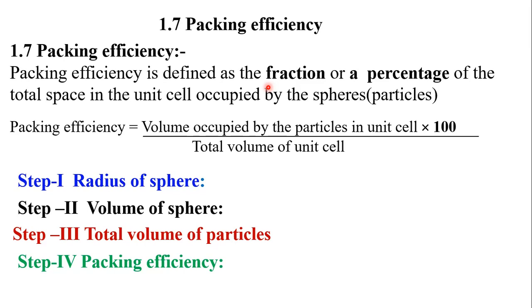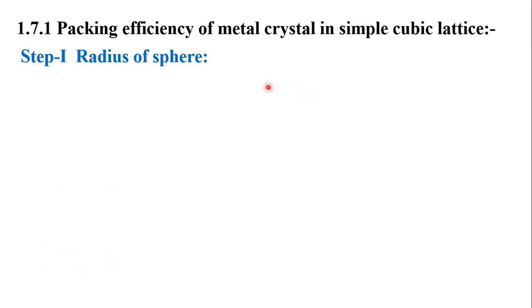First, we have to determine the radius of the sphere. Then we have to determine the volume of the sphere. Then the total volume of particles, and then the packing efficiency. So let us see how the radius of the sphere is calculated.